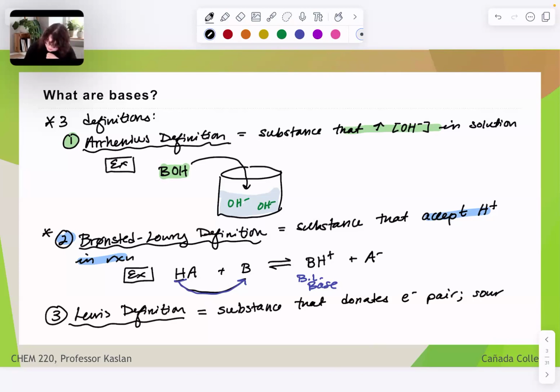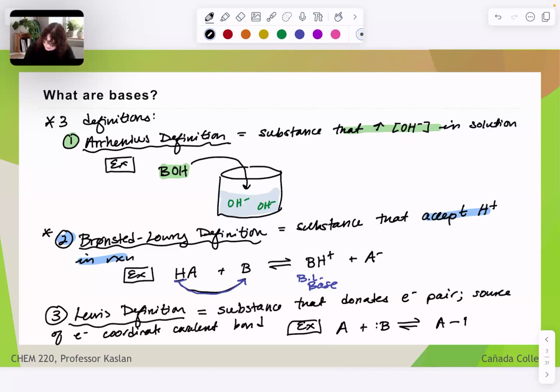So this is the source of the electrons that are going to form the coordinate covalent bond.